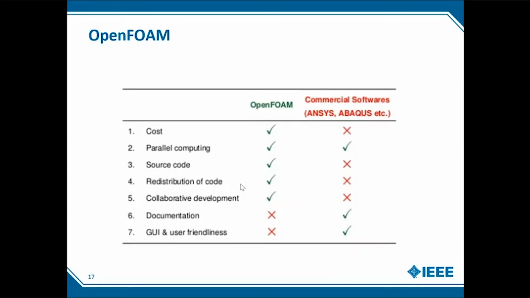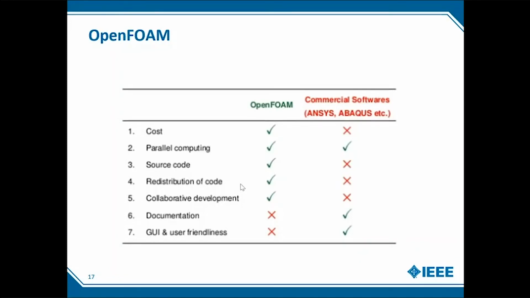For example, if you want to add a body force or any other force, you can't add it manually to the equations, but that is possible in OpenFOAM. You can go to a particular file, manually add another term, and then your governing equations will take care of the impact of that term in your solution. And again, you can redistribute your code. So if you have multiple people working on OpenFOAM, that's always a good idea.